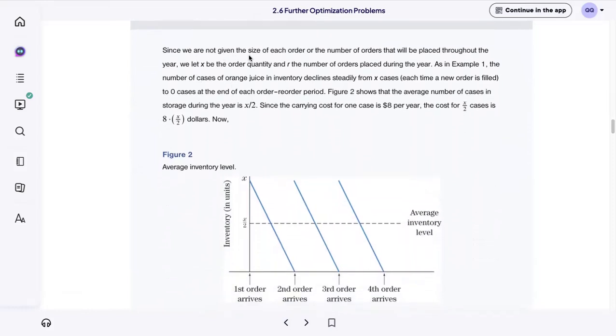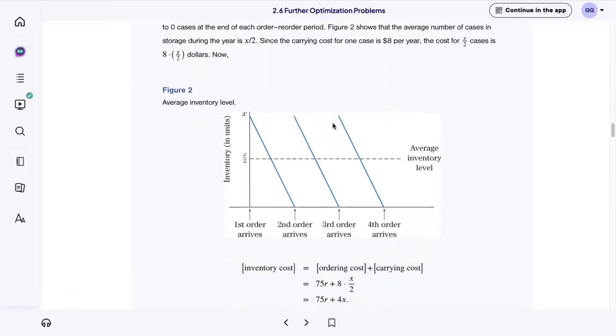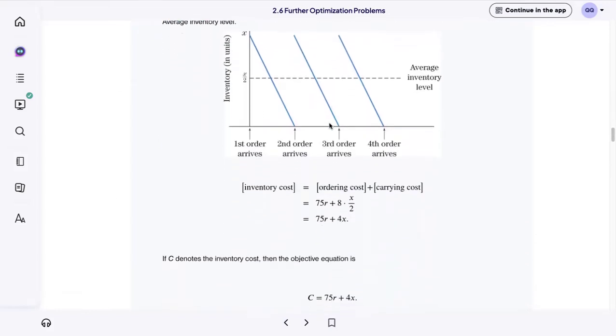Since we're not given the size of each order, we need to find it, or the number of orders that will be placed throughout the year. We let X be the order quantity, and R the number of orders placed during the year. So the number of cases in inventory declines steadily from X cases until 0.